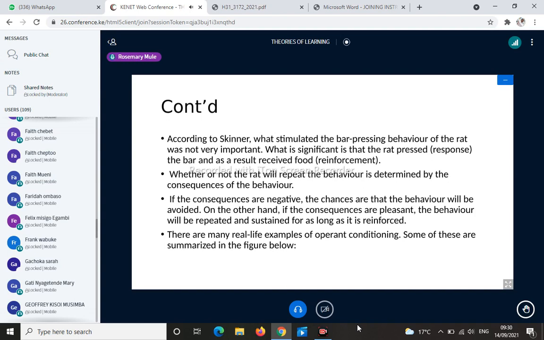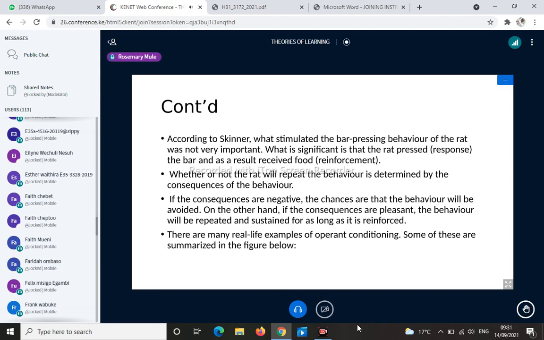I think I had gone through this slide, but let me link it with the coming slide. So we are saying if the consequences are negative, the chances are that the behavior will be avoided. And on the other hand, if the consequences are pleasant, the behavior will be repeated and sustained for as long as it is reinforced. Here, reinforcement is the presence of the food.